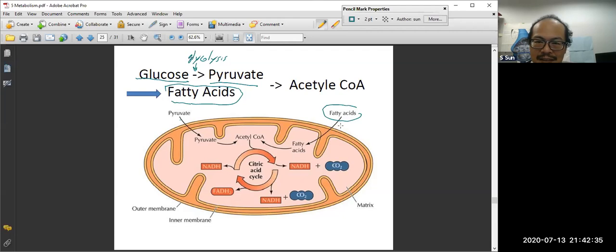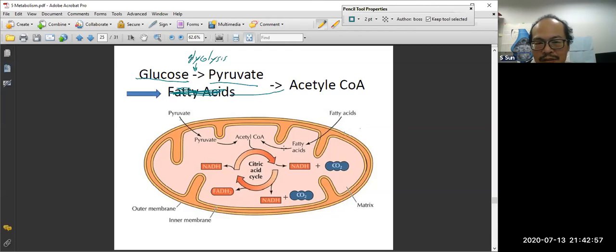Fatty acid enters the mitochondria because it is lipid soluble.